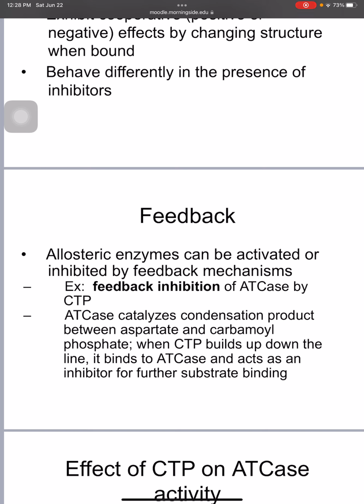In other words, you don't really need any more if you already have a lot of it. So CTP is actually an allosteric inhibitor for ATCase. Excess CTP can bind to ATCase, and that makes its activity go down. So it's not catalyzing this reaction anymore, or at least not nearly as much. So the presence of CTP can basically shut down this assembly line.